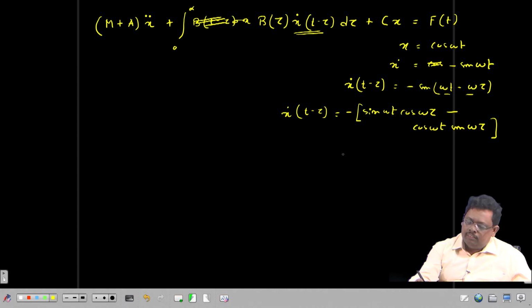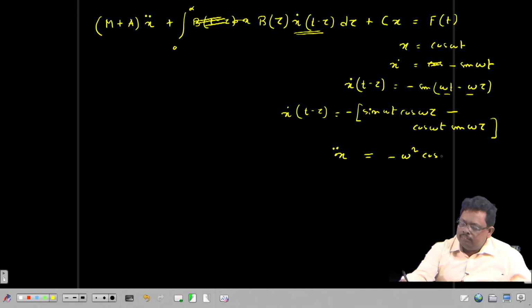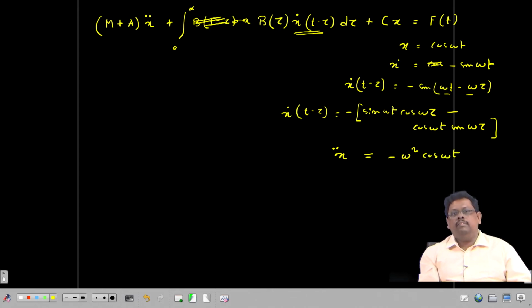And now, nevertheless, x is again cos omega t. So, x double dot should be equal to minus omega square, again cos of omega t. So, now I have everything with me.